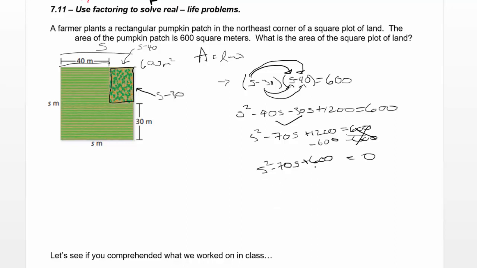If I could factor this, then I'd be in a good spot. The numbers are relatively big, but they're not actually that hard to grapple with, I don't think. Let's see, if I want to factor this, I need to multiply the first and the last together. And the adding term is this middle term here.